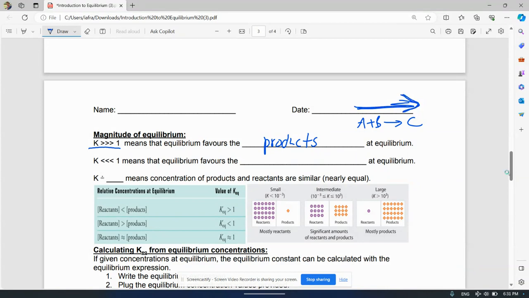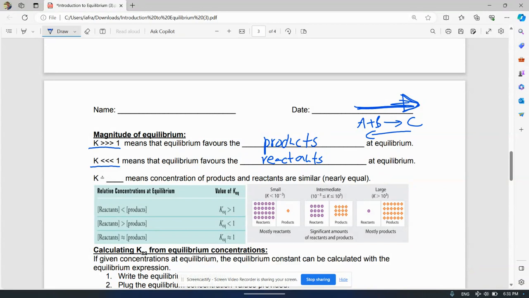Because it's more towards the right side. If you think about it, it makes sense because your equilibrium expression is product over reactant. Now, if your K is less than 1, much less than 1, it means that the equilibrium will favor the reactants at equilibrium. So it basically means that at equilibrium, you'll have more towards the reactant side, concentration-wise, compared to product.